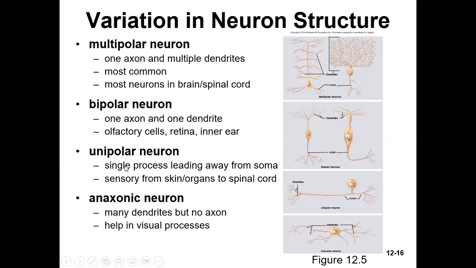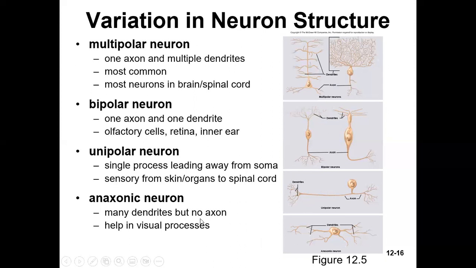A unipolar neuron has a single process leading away from the soma. And then we can find a dendrite on one end and an axon at the other end. We'll find this in skin and organs, maybe leading up to the spinal cord.